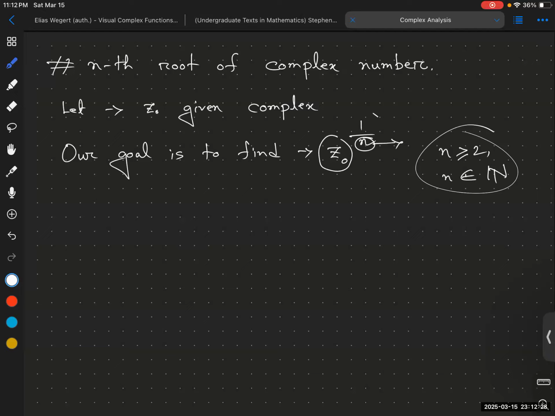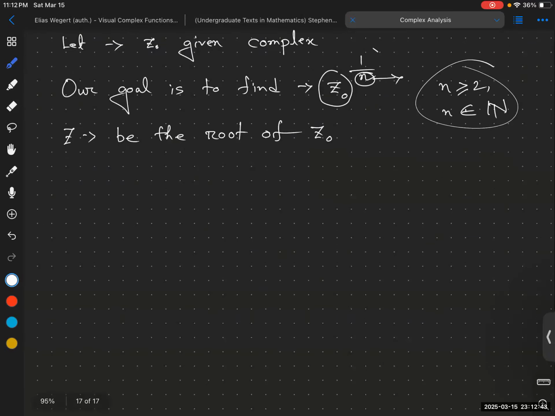Here z0 is a complex number, so we can assume z is the nth root of z0. So we can write z is equal to z0 to the power 1 over n. From here, after raising the power to n, we get z to the power n is equal to z0.